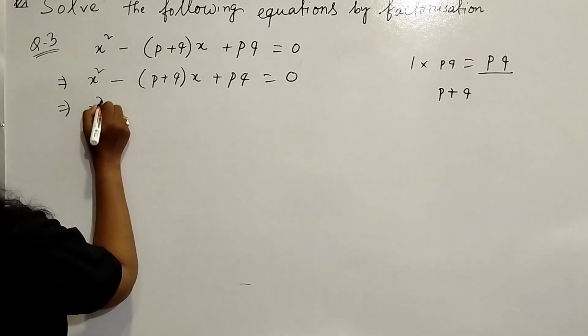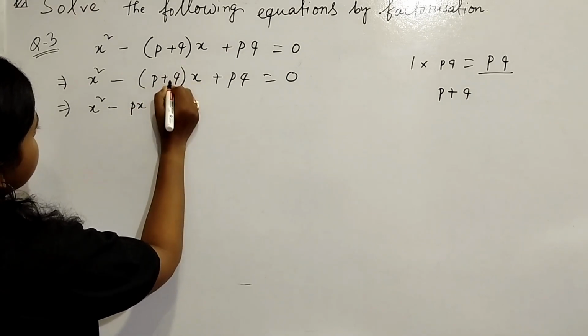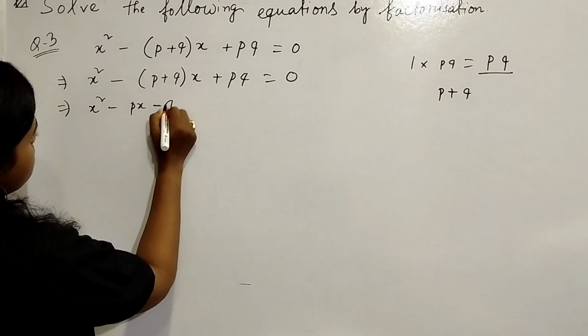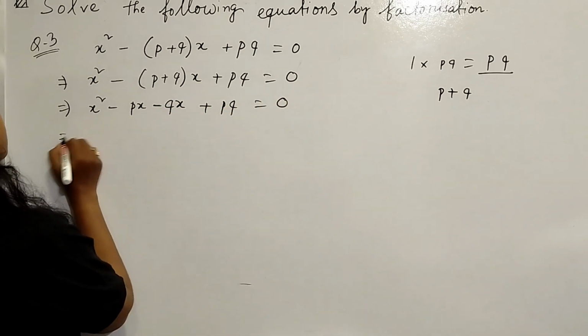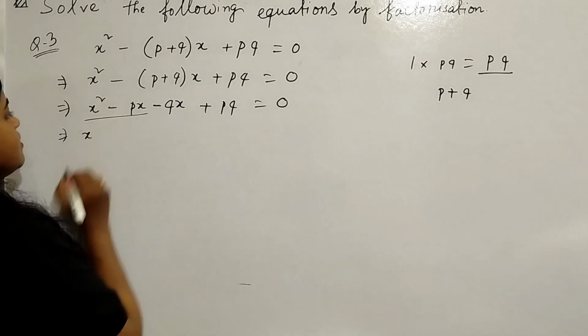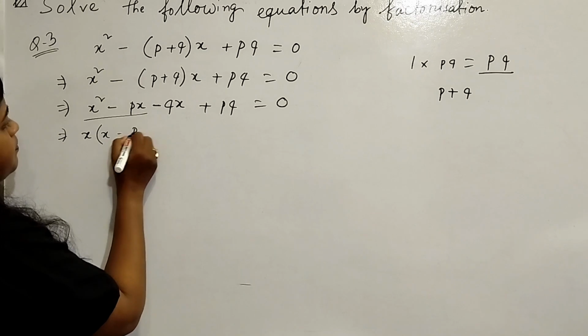So now x square minus, multiply x into p, px, and q into x, plus and minus become minus, q into x, qx, plus pq equals to 0. So now take common from these two terms. You can take x from these two terms, and remaining x minus p.